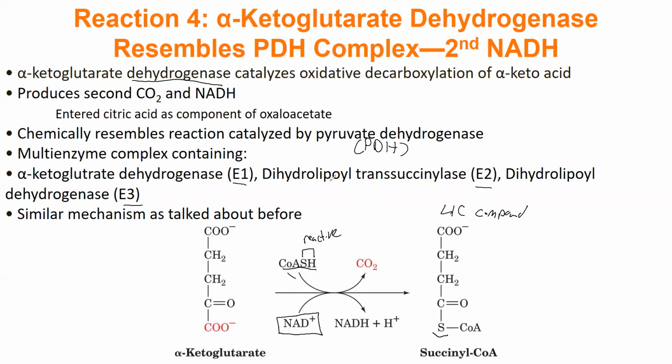You have your lipoyl arm that's moving around, and you basically do the same thing, just with a different molecule. But that is our next reaction. Alpha-ketoglutarate dehydrogenase, you're making succinyl coenzyme A, making another high energy bond that we're going to use.